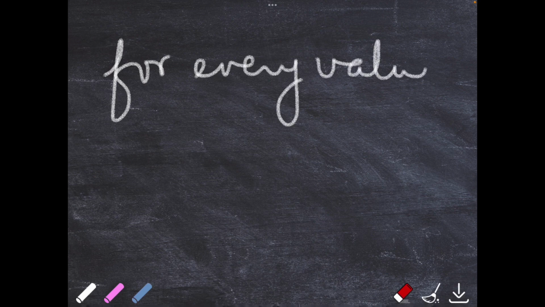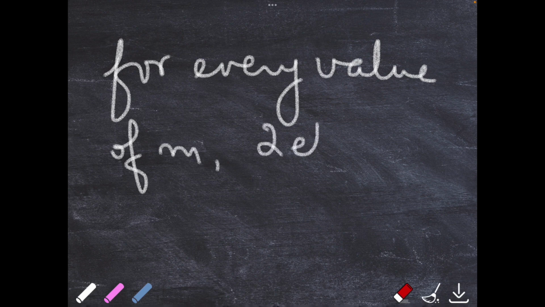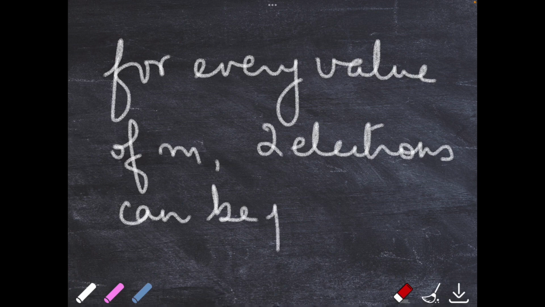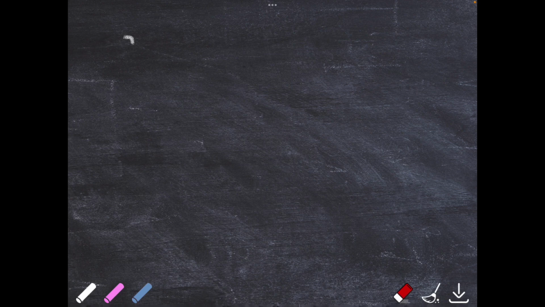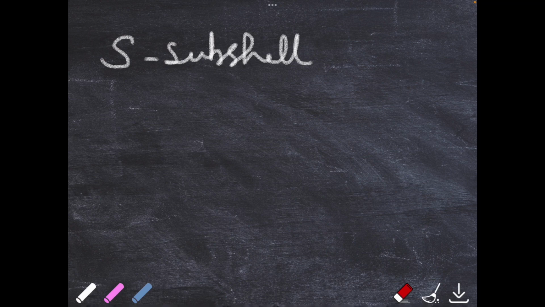For every orbital, two electrons can be present. That is, if we have the s subshell, which has only one orbital, the maximum capacity is 2 electrons with opposite spin.